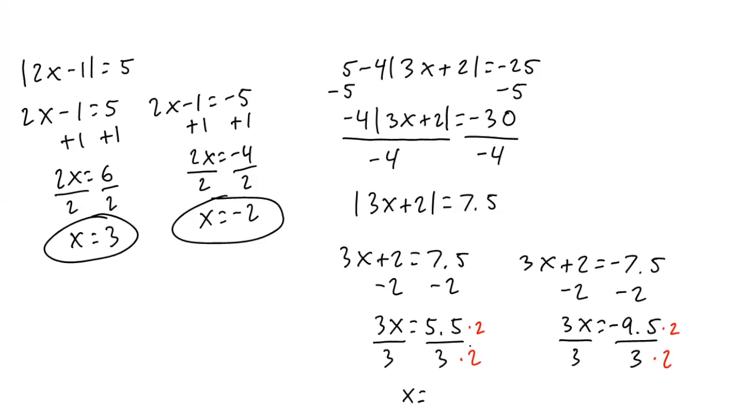And so this one here is going to be 11 over 6, which is a perfectly fine way to write your answer. And over here, we have x equals negative 19 over 6. And these are our two answers.